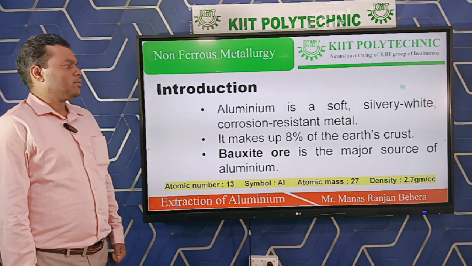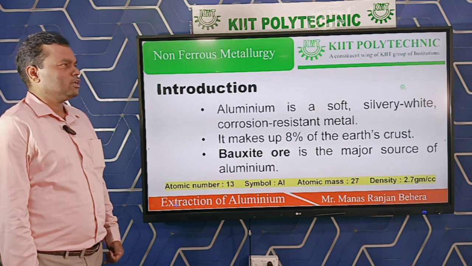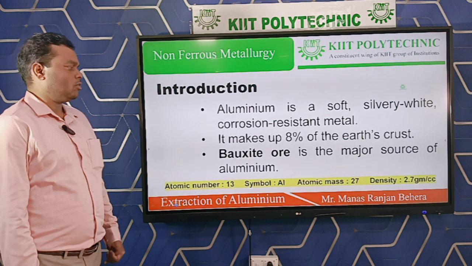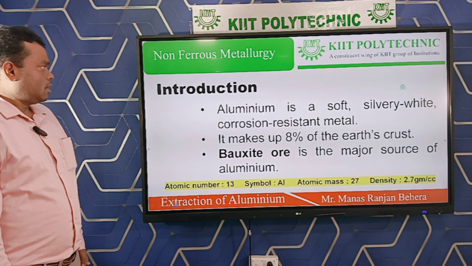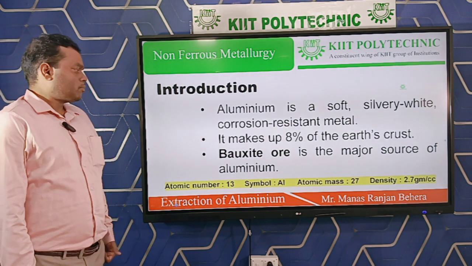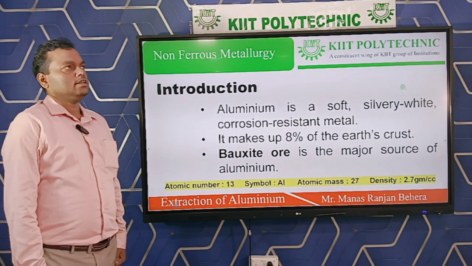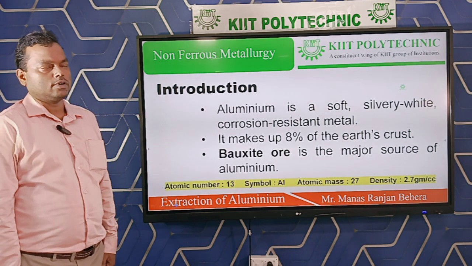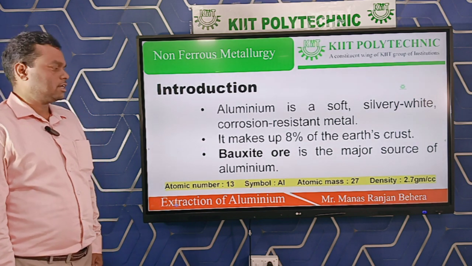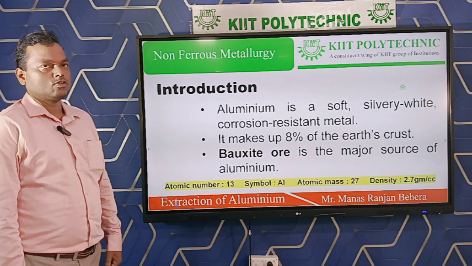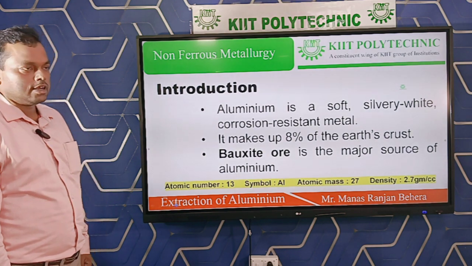It makes 8% of the earth crust, and the bauxite ore of aluminium is the main ore from which we extract aluminium. The other important points of aluminium are that the atomic number is 13, atomic mass is 27, the melting point is 660 degrees centigrade, density is 2.7 gram per cc, and the symbol of aluminium is Al.